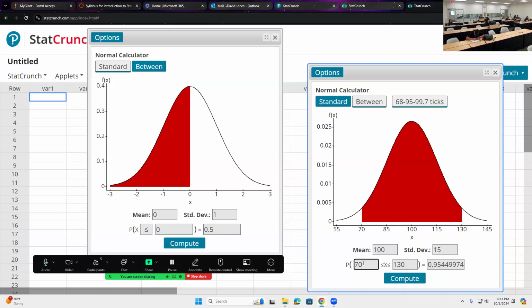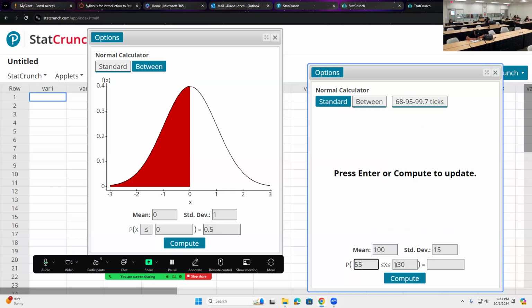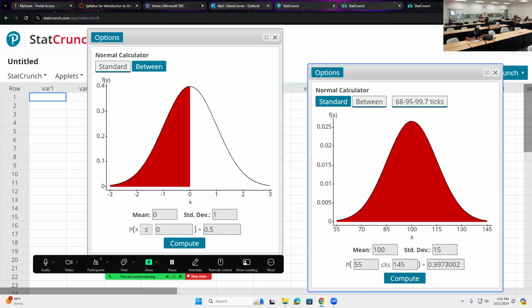And if we do 3 deviations, it's close to the 99.7%, it's actually 99.73. And we're gonna do more with this calculator in a second.